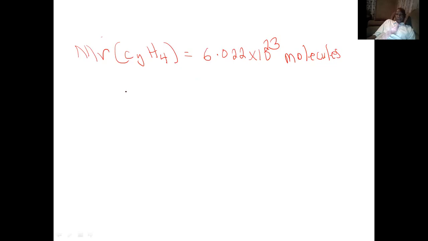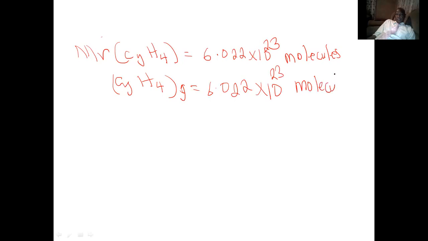And therefore, this should be the molar mass, and therefore this expressed in grams should be equal to 6.022 multiplied by 10 to the power 23 molecules.